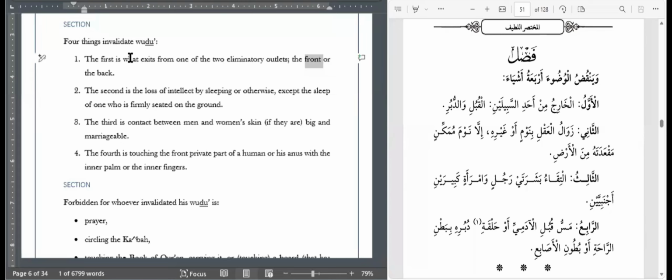What's another example? Another example the scholars mention. What if a woman had intercourse with her husband and he fulfilled his desire, he ejaculated inside of her, but she did not ejaculate, she did not have her own climax.